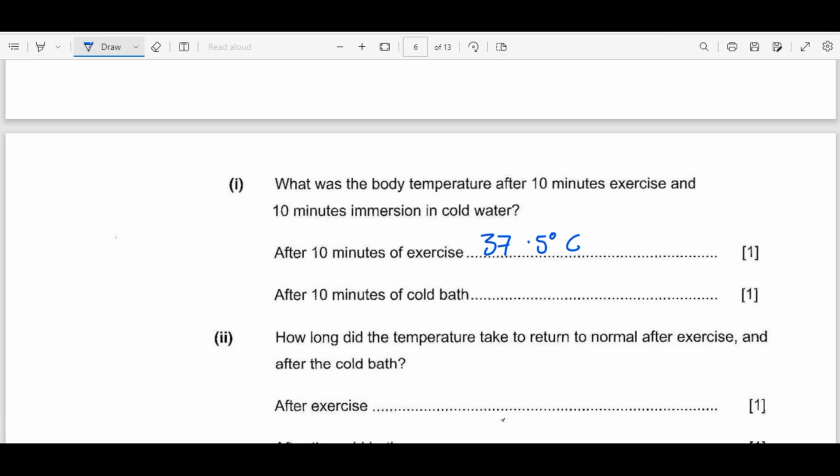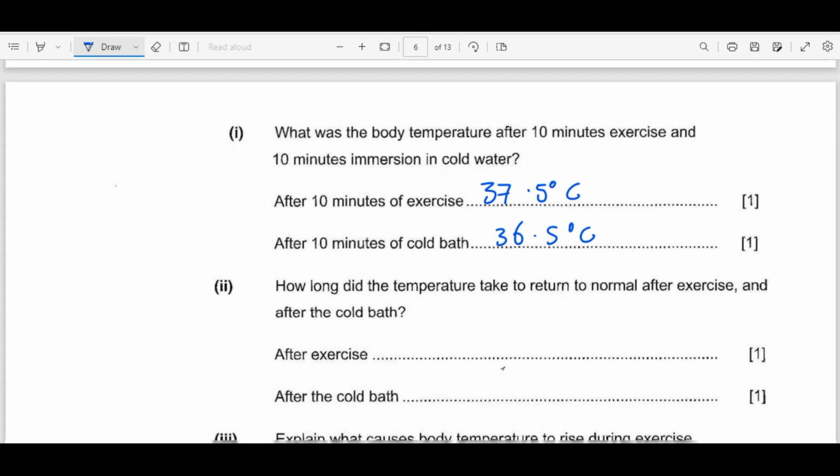Then after 10 minutes of cold bath, the temperature reduces to 36.5 degrees Celsius. Then Roman numeral 2: how long did the temperature take to return to normal after exercise and after the cold bath?